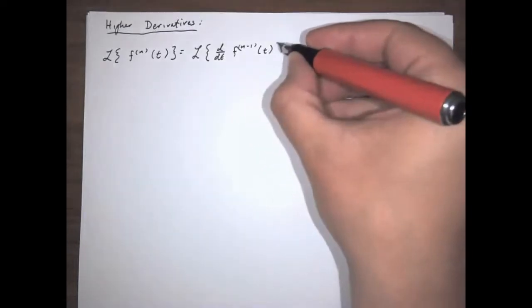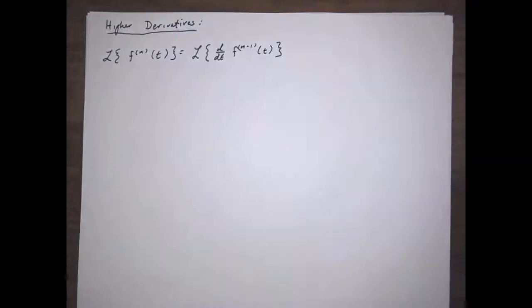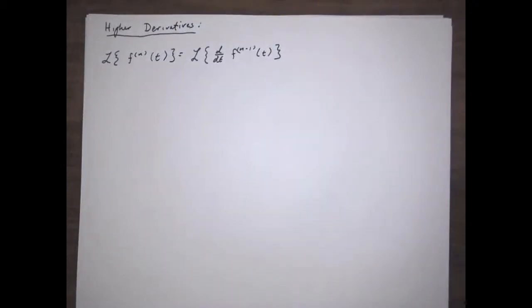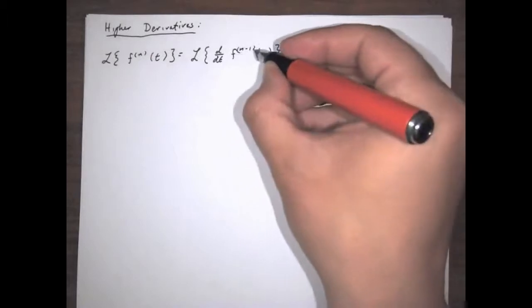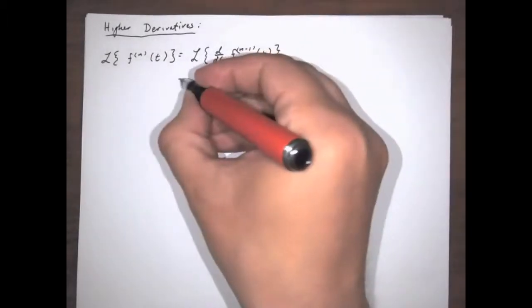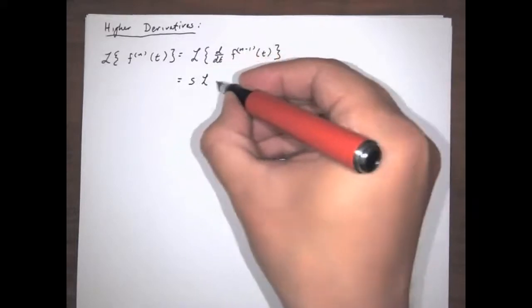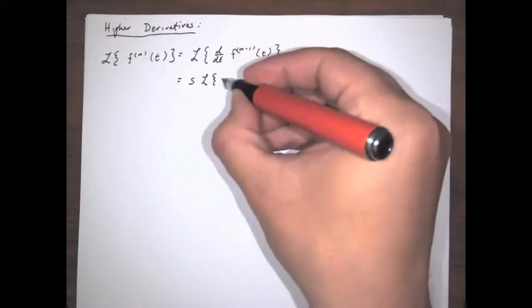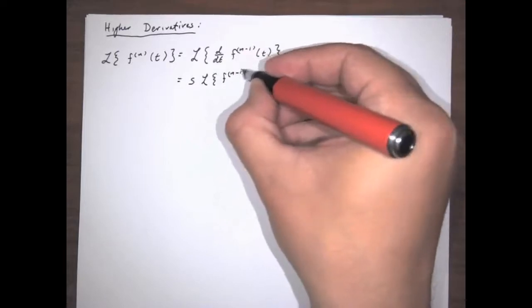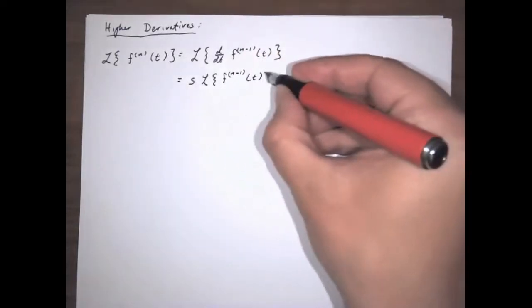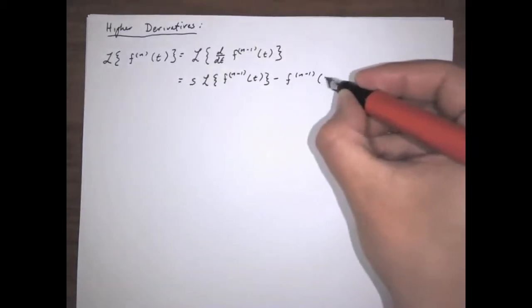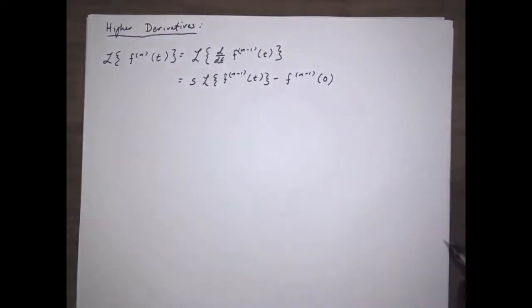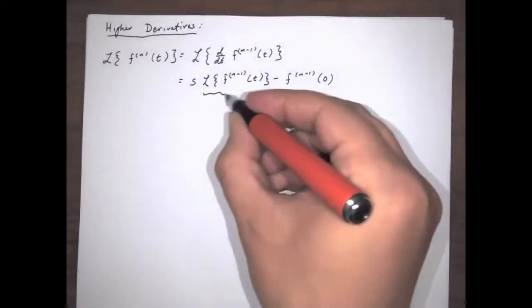So what we are in now is the setup of the previous problem, where what we have is the derivative of something in here. So it's going to be s times the Laplace transform of the something in here, which is now f^(n-1) of t, minus that something in here evaluated at 0. But then we would just repeat.